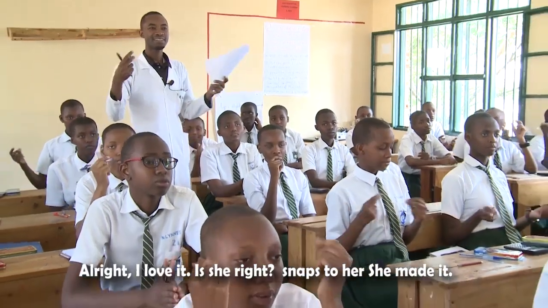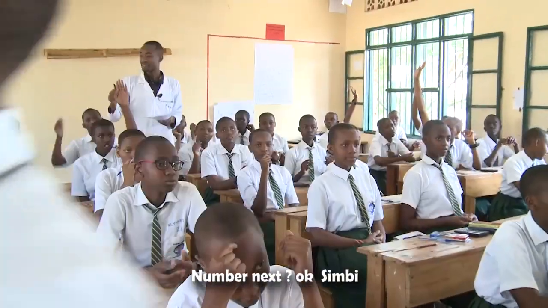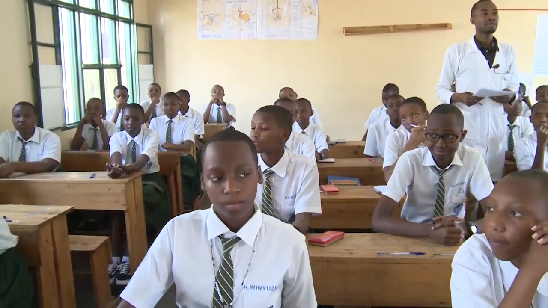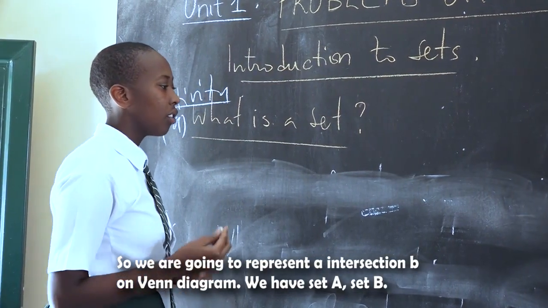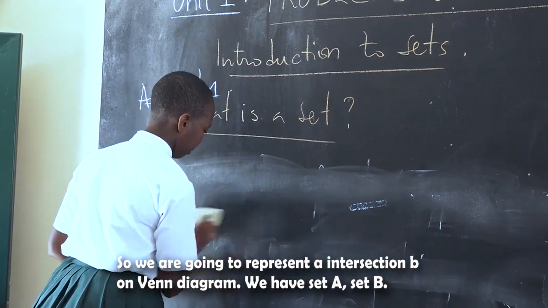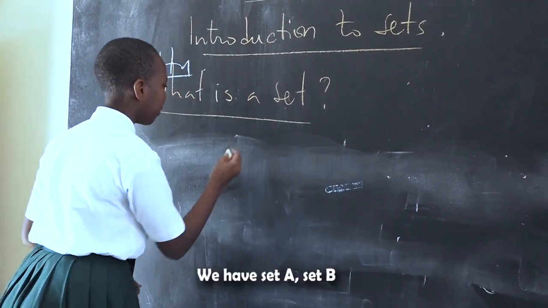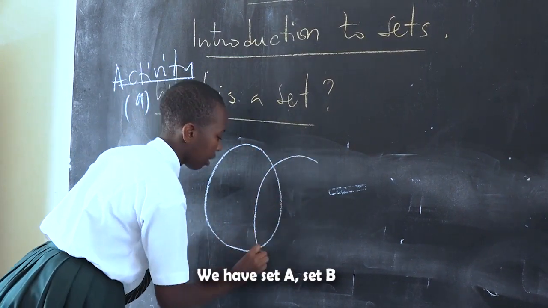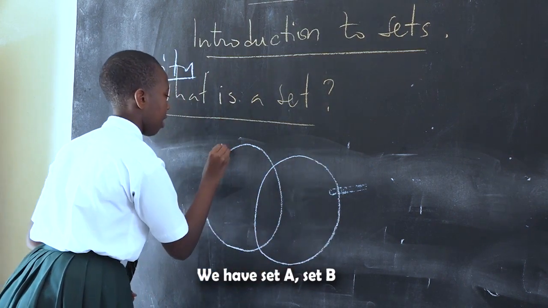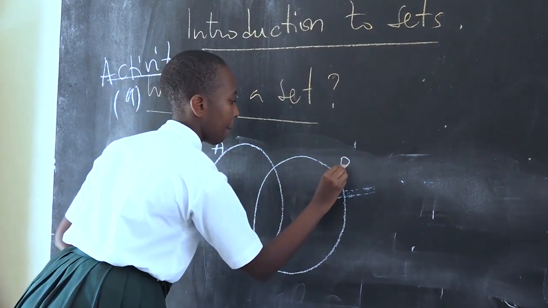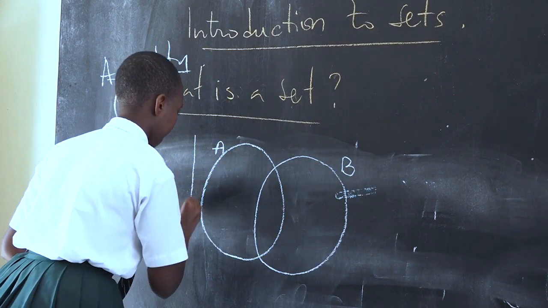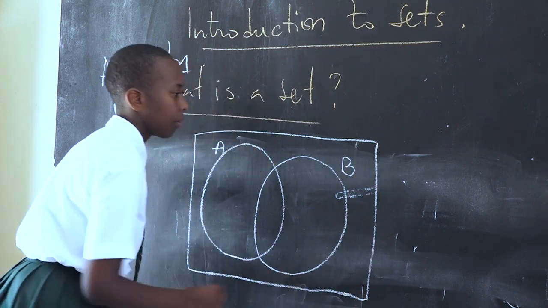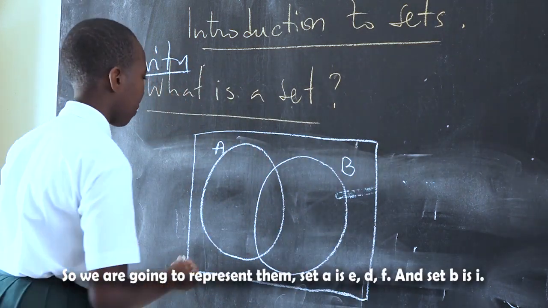Is she right? Okay, snaps to her. She made it. Next number. So we are going to represent A intersection B on a Venn diagram. We have set A, set B, so we are going to represent them.